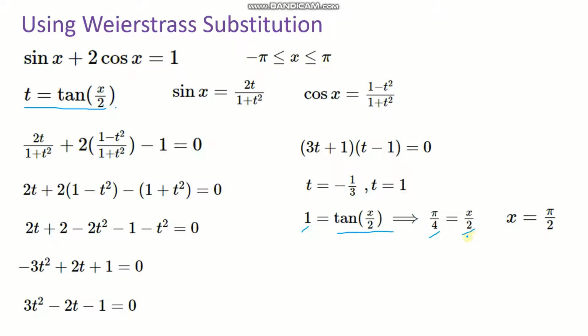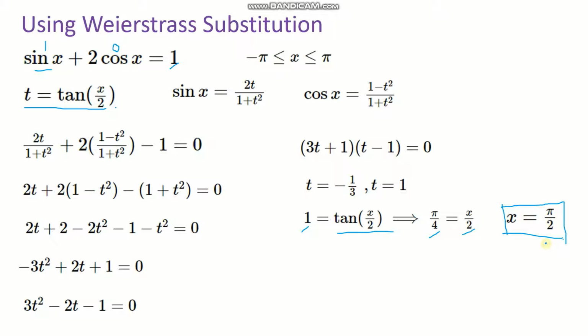Rearranging, we have x equals pi over 2. We can substitute pi over 2 into our original problem. We have sin pi over 2 is 1 and 2 cosine pi over 2 is 0. So it's true, 1 equals 1. Hence, pi over 2 is one of our solutions.